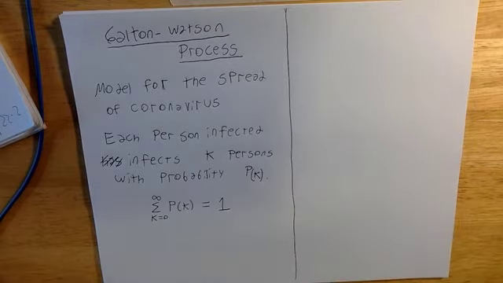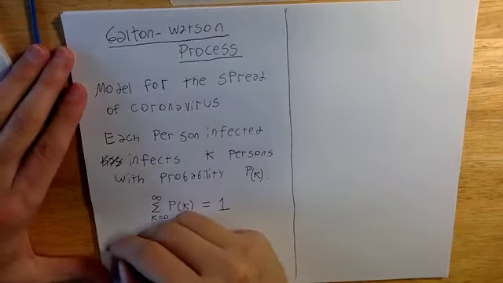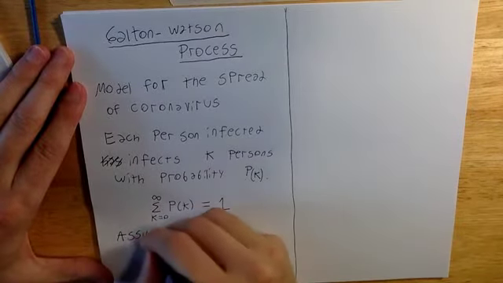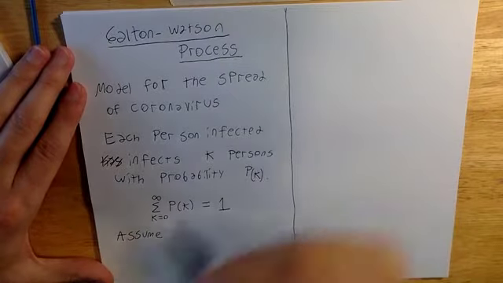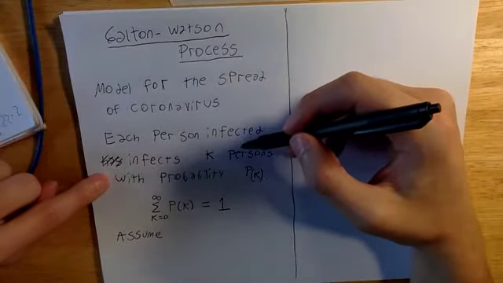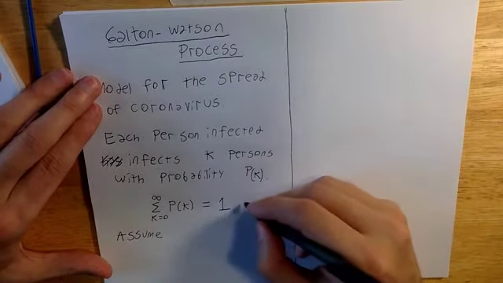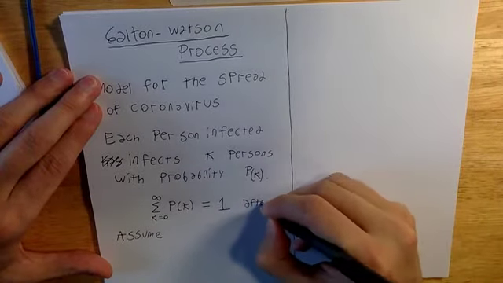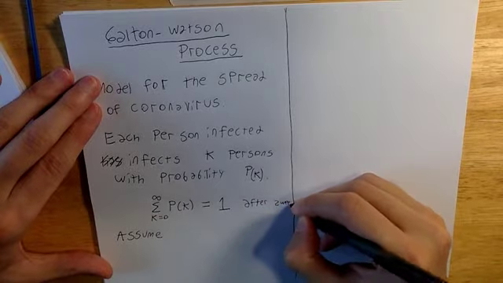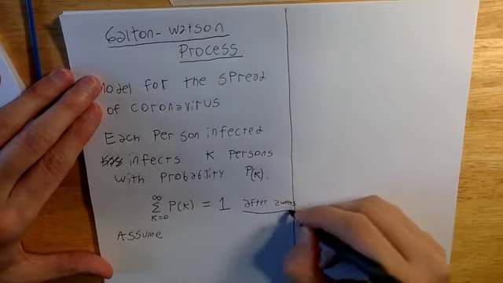So we're going to assume each person infected infects k persons with probability pk after 2 weeks, and this is the gestation period.